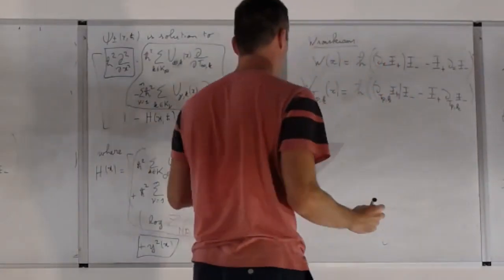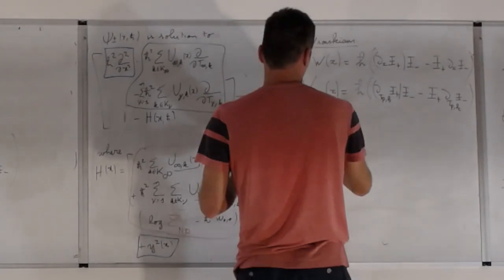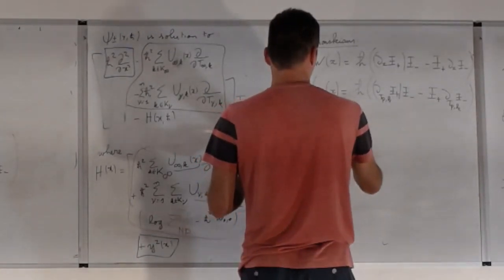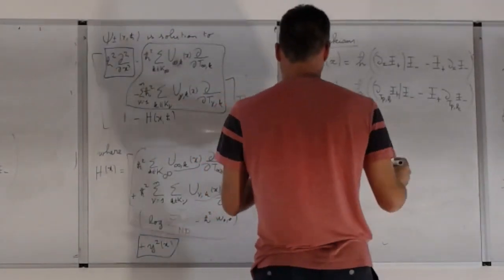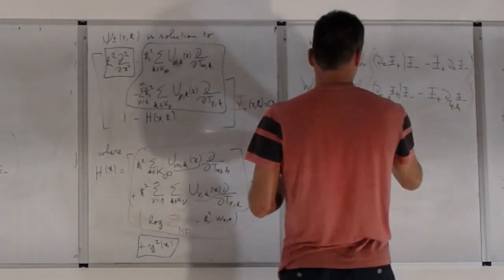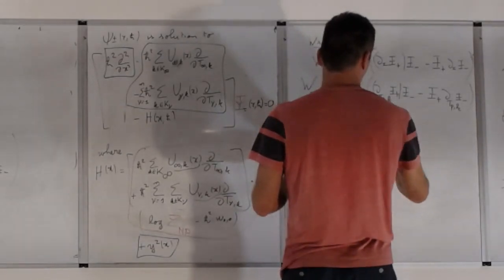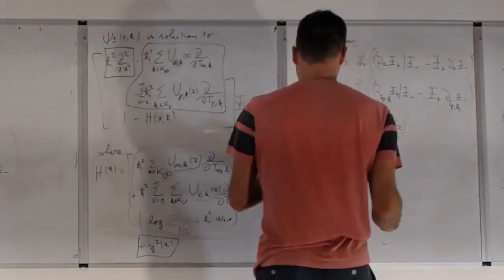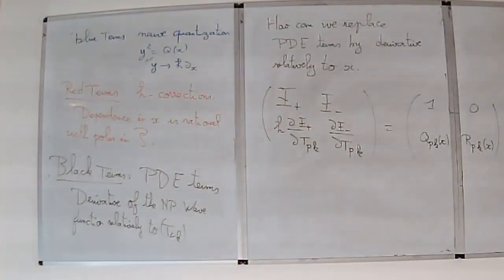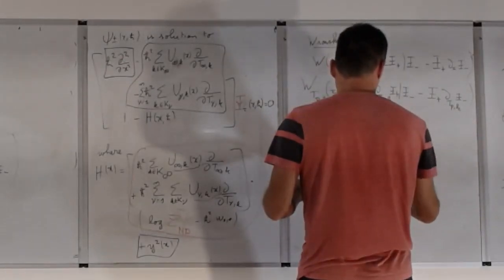Okay, so these are Wronskians, and from these you can easily check that the R_pk appearing in the matrix here is just the ratio of your Wronskians. And Q is a little more complicated.